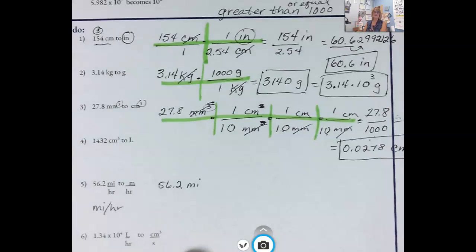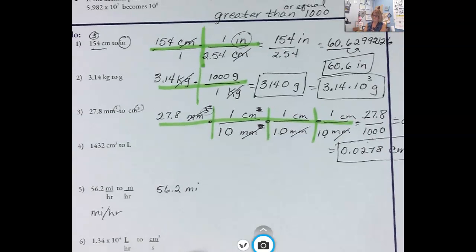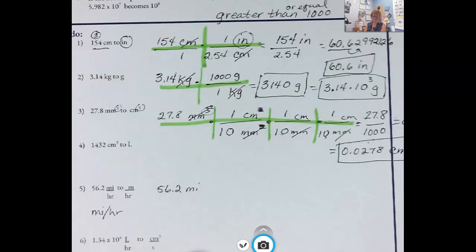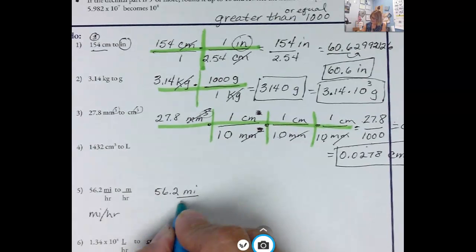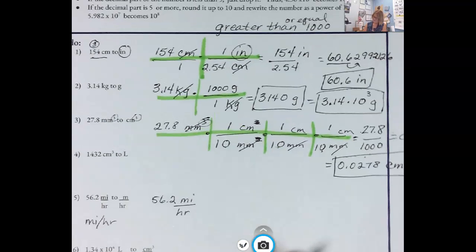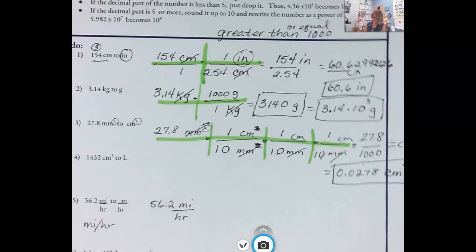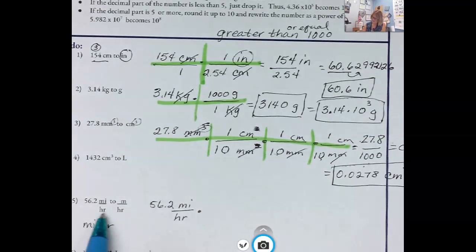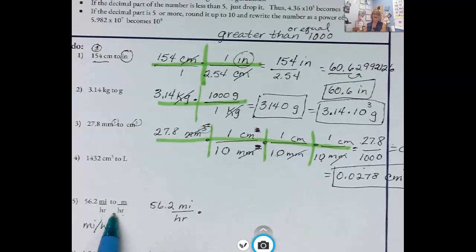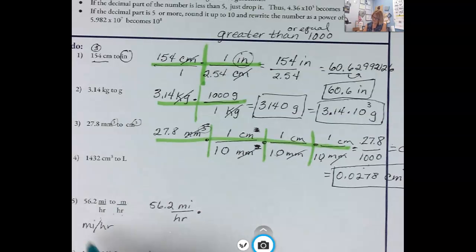I think that causes problems when you're doing your unit conversion because people don't realize what's in the numerator and what's in the denominator. So always make it a flat line, horizontal line, instead of the angle. So again, I'm going from miles per hour to meters per hour. I'm not changing the hour bit of it, so you could actually even just leave that piece off of it and only do the numerator part of it, if that makes sense.